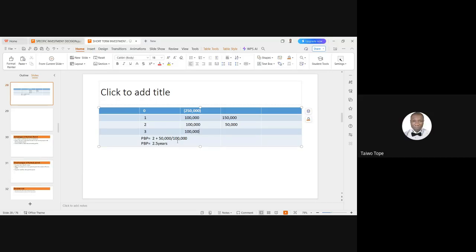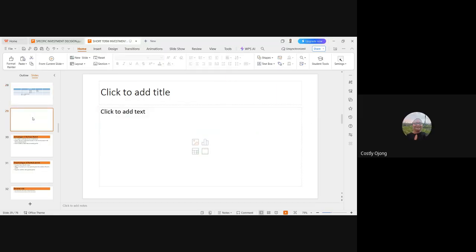Yes, 0.5 plus 2. That is how we arrive at 2.5. Where is the 2 coming from? In year 1, you received how much? 100,000. Year 2. Okay, I got it. I'm fine now.